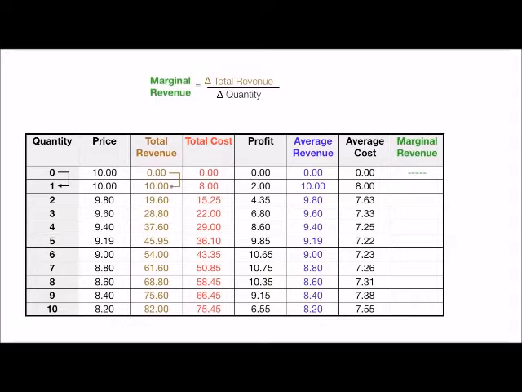Therefore, I take 10 minus 0, divided by 1 minus 0. This equals, of course, 10 divided by 1. So the marginal revenue is equal to 10.